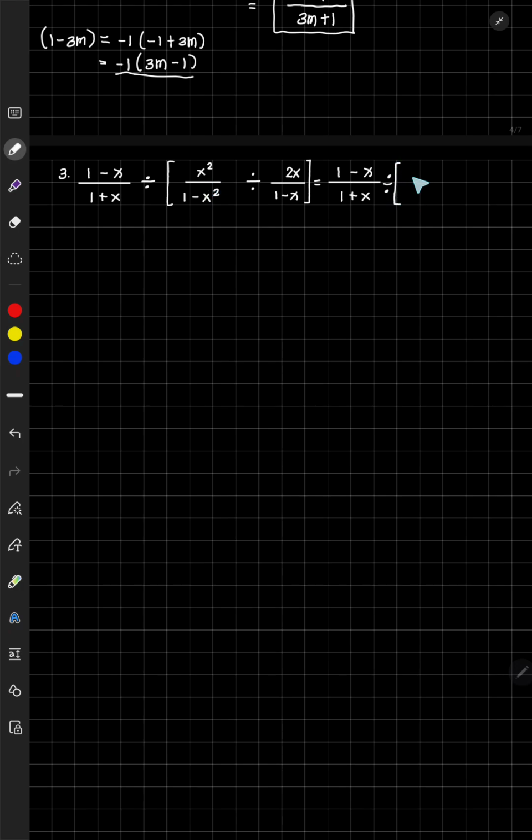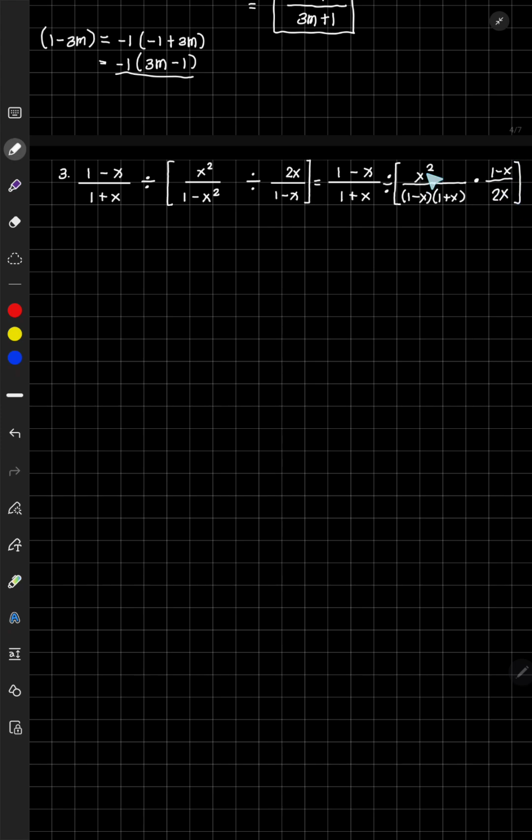So for the inside, we have x squared all over. So let's get the factor of 1 minus x squared, which is 1 minus x multiplied by 1 plus x, then multiplied by the reciprocal of 2x over 1 minus x, which is 1 minus x divided by 2x.